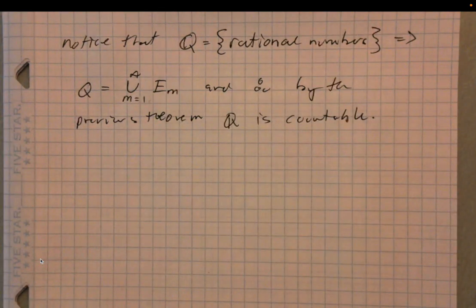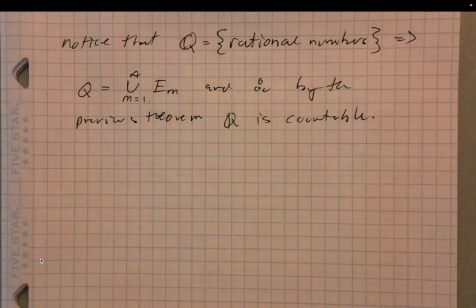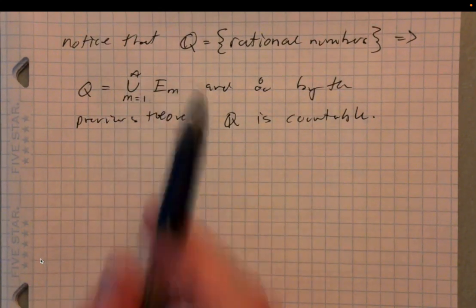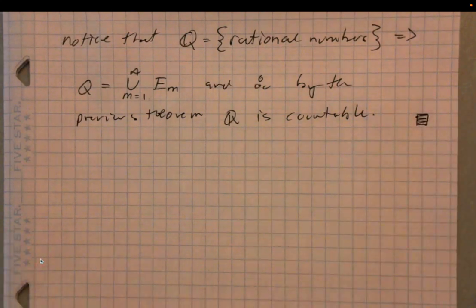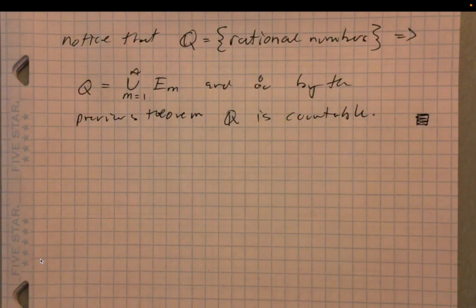Because Q is just the union of countable subsets, and we just saw that a union of countable subsets is countable. So we can write Q as the union of such E sub m subsets, and therefore it's countable, right? So very easy to prove once you have that previous theorem.